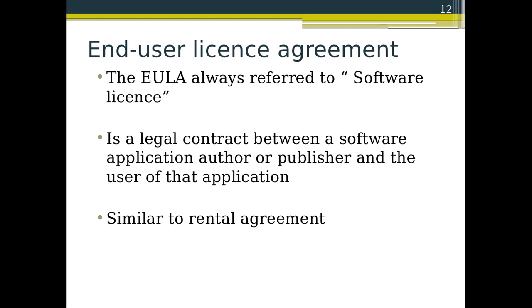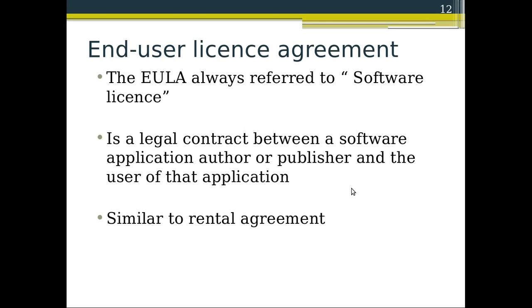The EULA always refers to a software license, meaning a license to use a certain program. It's a legal contract between a software application author or publisher and the user of that application.